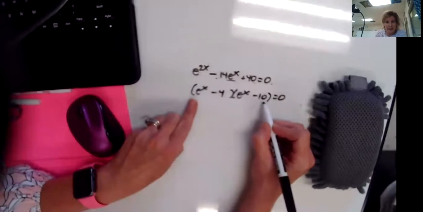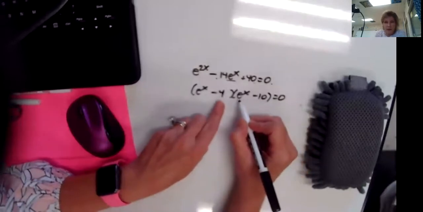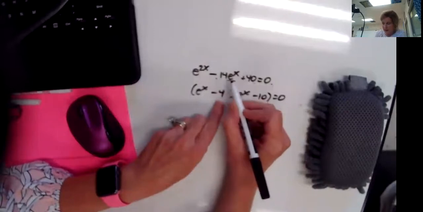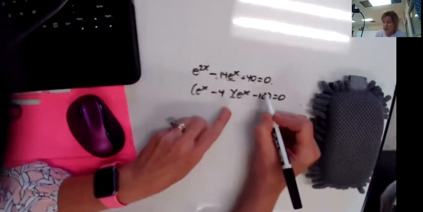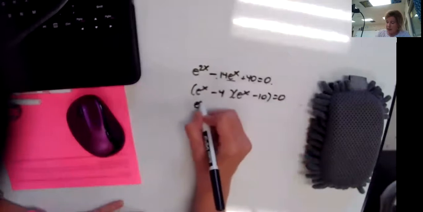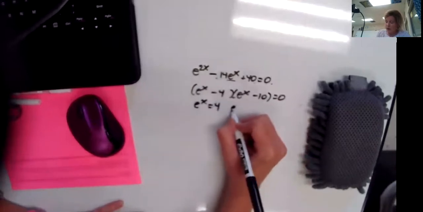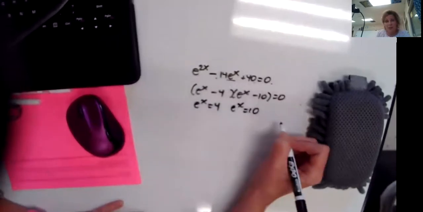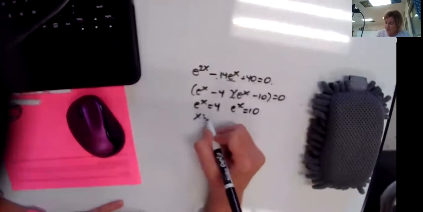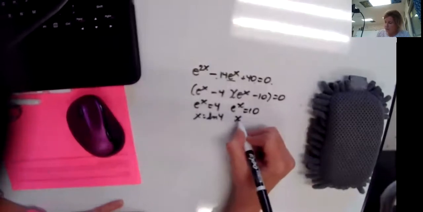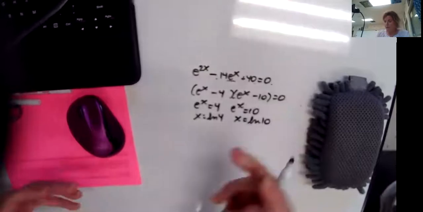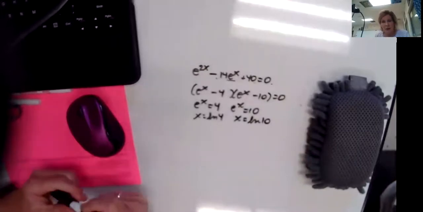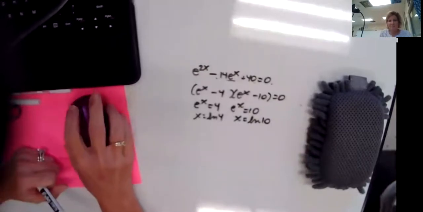Outer is minus 10 e to the x. Inner is minus 4 e to the x. So if I added those, I would get minus 14 e to the x. Last is plus 40. So there is absolutely nothing wrong with dispensing with the dummy letter and doing it without a dummy letter. That's fine, okay?